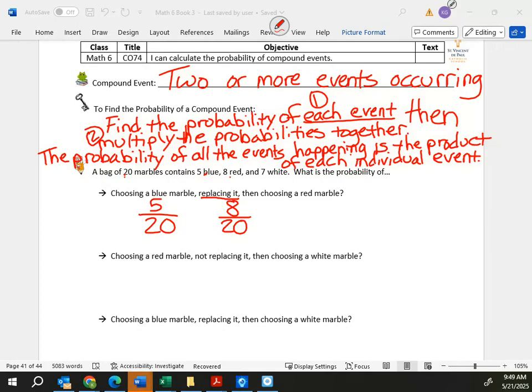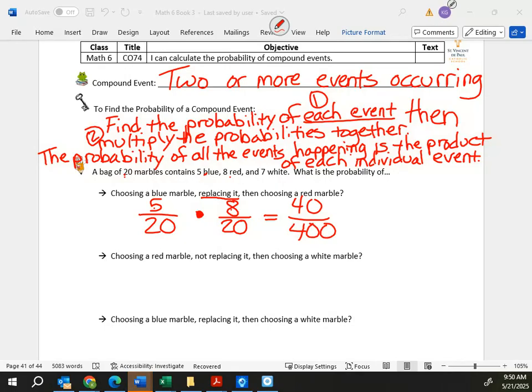What's my second step? Adeline? I multiply them. So remember, when we multiply fractions, how does that work? How do we multiply the fractions, James? Go straight across. So I'm going to do 5 times 8 equals 40. 20 times 20 equals 400.